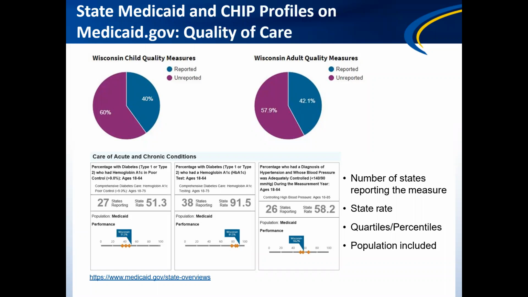And so on the farthest right there, for example, is a little tile on the hypertension, the blood pressure measure. And you can see there where, in this case, Wisconsin measures up with the other states.